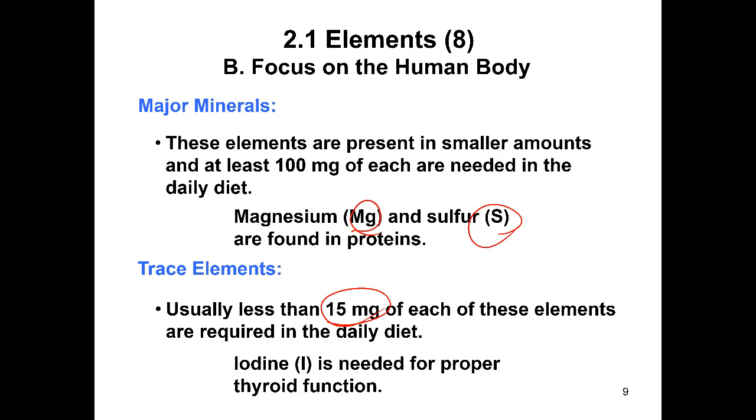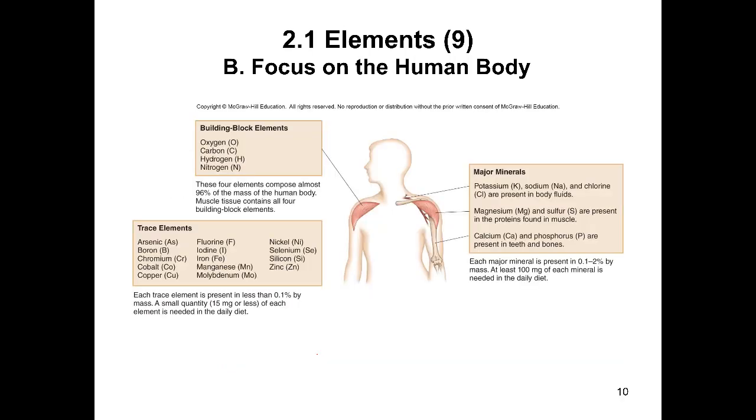These are requirements, so we need to have those amounts, and that's what we call vitamins and minerals when we take them. Iodine is something that we really need, because if you don't have enough iodine, you're going to have what's called a goiter in your neck, that big swelling associated with your thyroid gland.